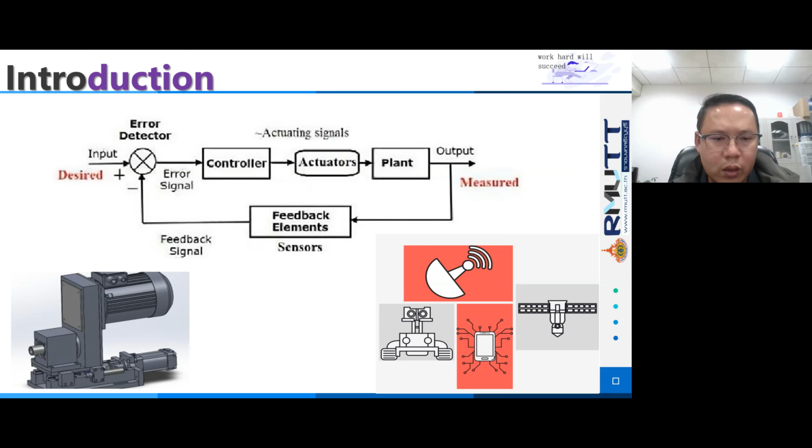The components of a closed-loop control system include four parts, which are controller, actuators, rotational system or plant, and sensor feedback.